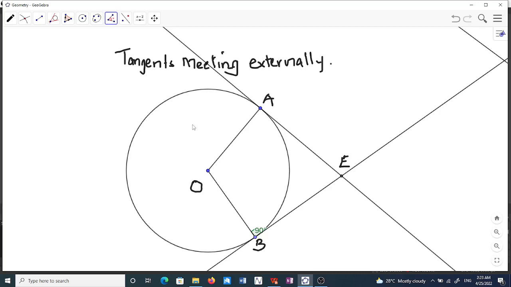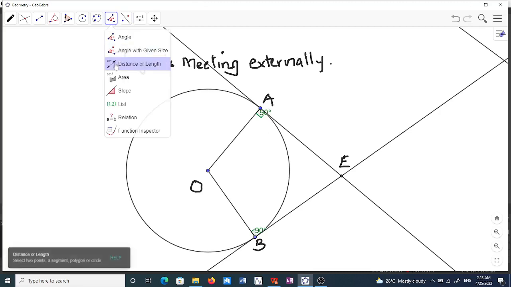Let's try the other side. It also makes an angle of 90. So that is a basic rule. So all the tangents, if you see a tangent line and you see a radius coming from the tangential point, then it makes an angle of 90 degrees. That is one.